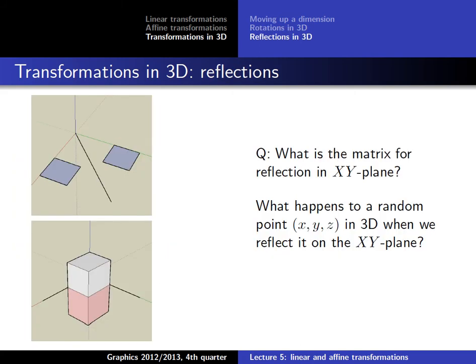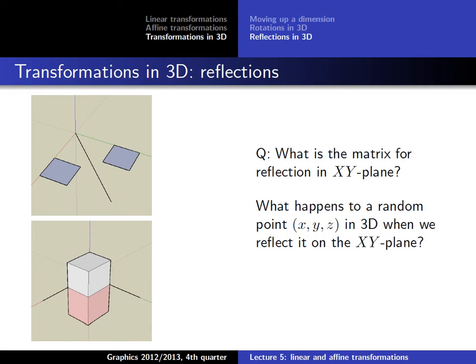Good. So you see here, rotations in 3D are relatively simple, but not really a direct generalization of the 2D case. This is not because the mathematics behind it or the actual transformation is different, but because we have different options to rotate in 3D.